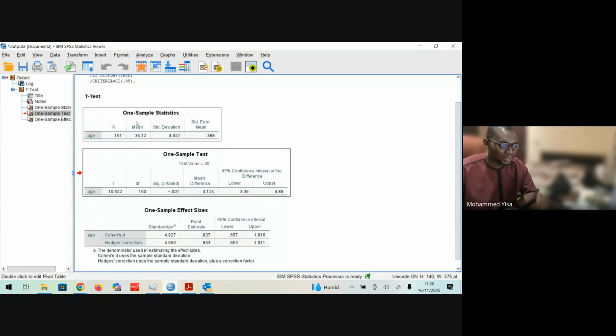Your hypothesis does not say that the mean age of the resident doctors in this data set is greater than or less than.